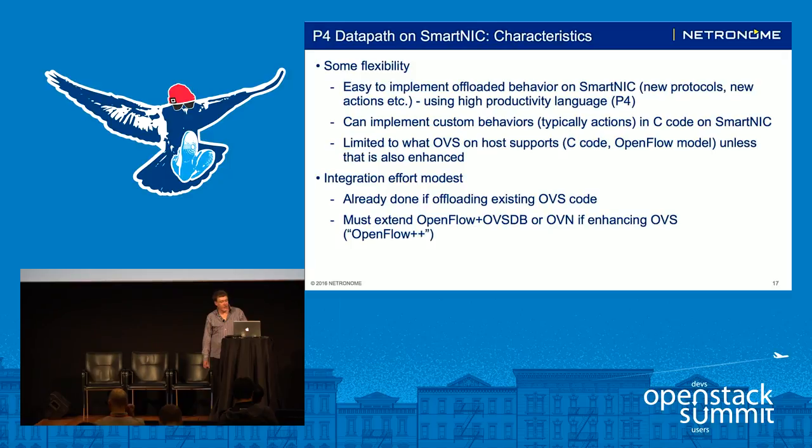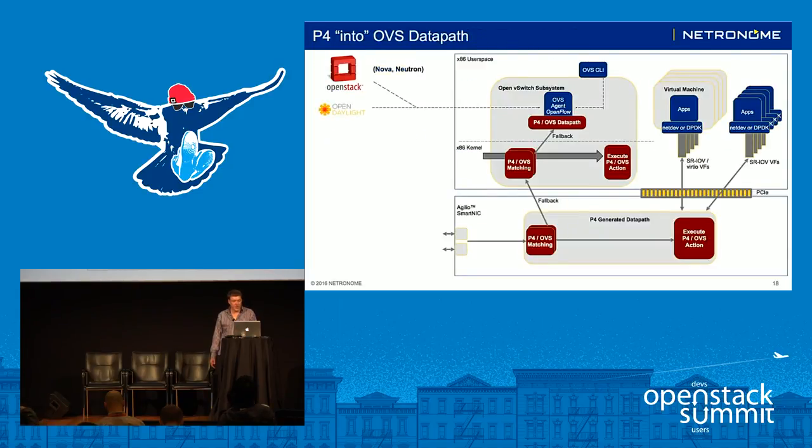But if we are enhancing OVS and adding support for new protocols or new behaviors, then we will want to create that OpenFlow++ that we saw in the other diagram. What though if we start to replace some of the blue OVS code with the burgundy P4 code?